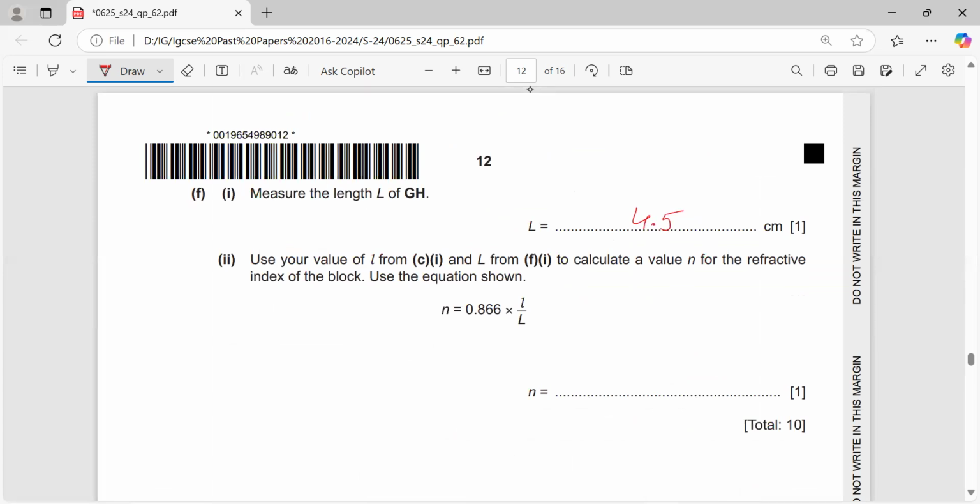For you, of course, if you have printed this paper, it will be less. So 4.5 centimeters.